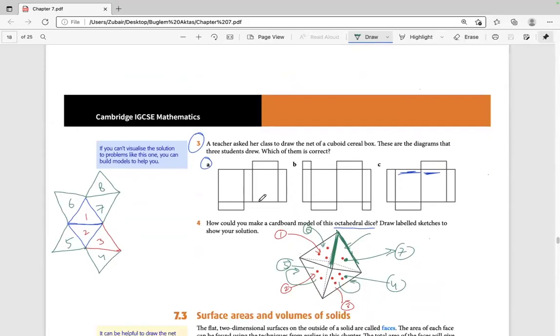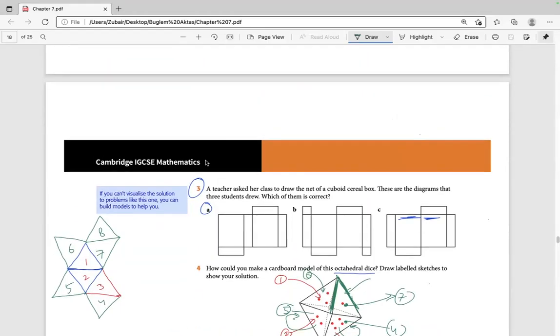You see this box? We could have different orientations for this as well. For example, one of the top parts could be in front of each other. 1, 2, 3, 4. And bring this here and take that over there. Is this possible? Or this?